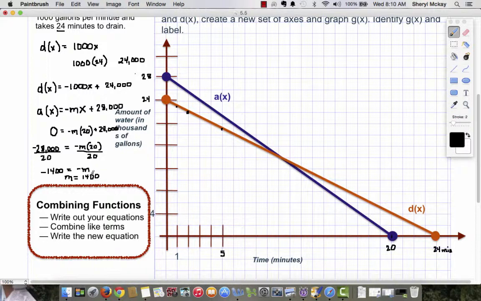So now I can go back and rewrite my equation by putting 1400 in for m right here. Okay?